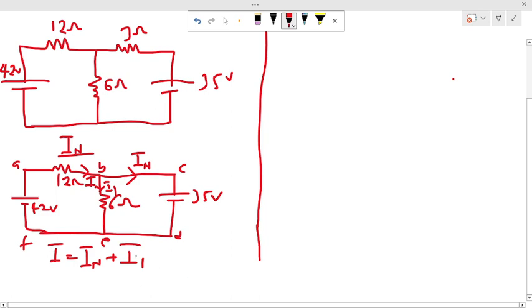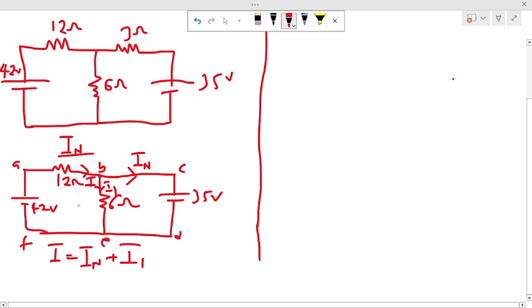So this portion is as a result of the splittage of the current at the node. This is a node, so there is a splittage at that current. And since this is the part that we replace by the Norton's current, we say I is equal to I1 plus IN. So I can say that the current passing through this 12 ohm is IN plus I1.